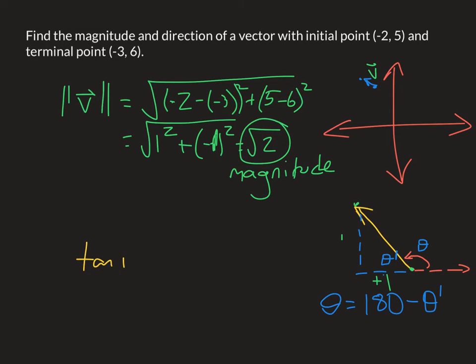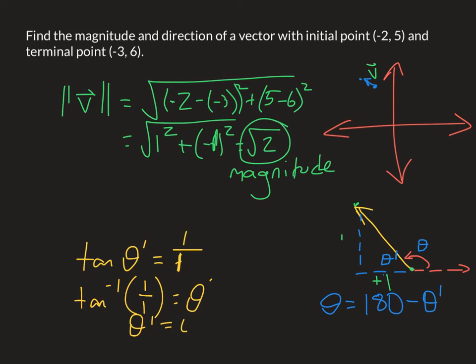Tangent of theta prime is opposite 1 over adjacent 1. So the inverse tangent of 1 over 1 is theta prime, and the inverse tangent of 1 over 1 is 45 degrees, which means that theta is going to be 135 degrees. And that is the direction of our vector.